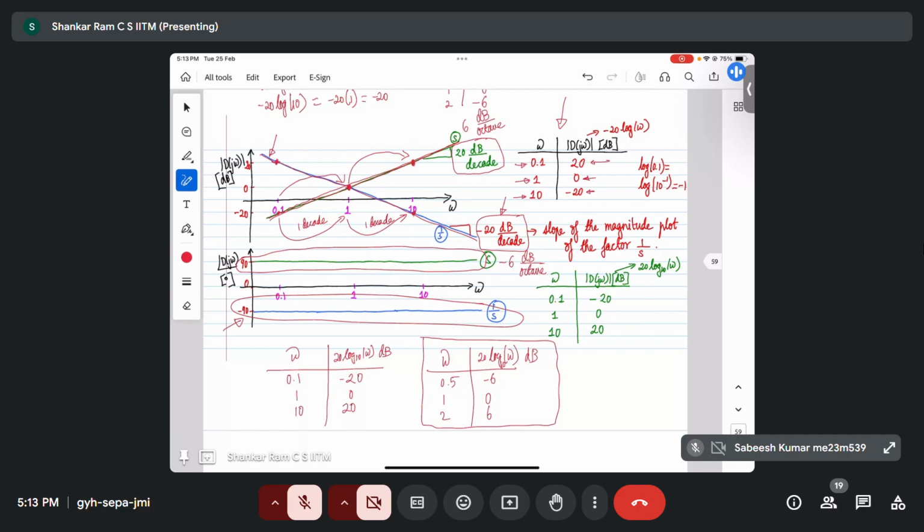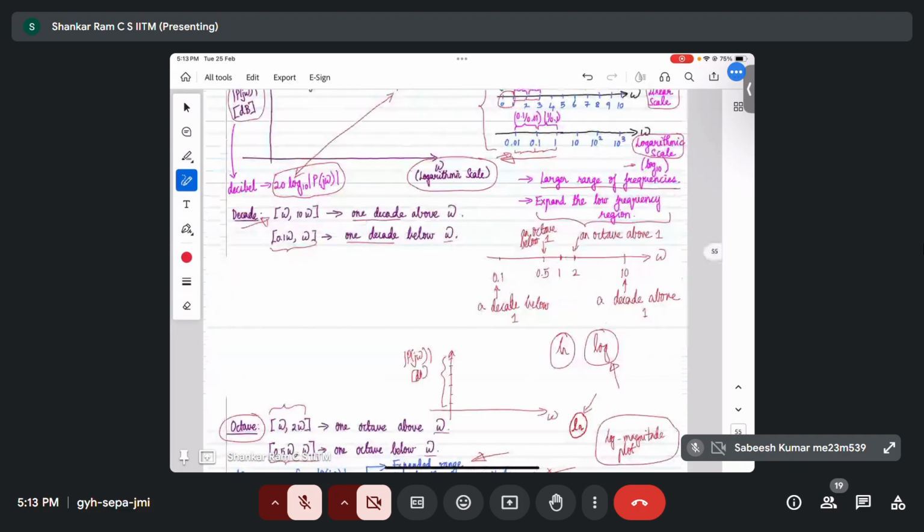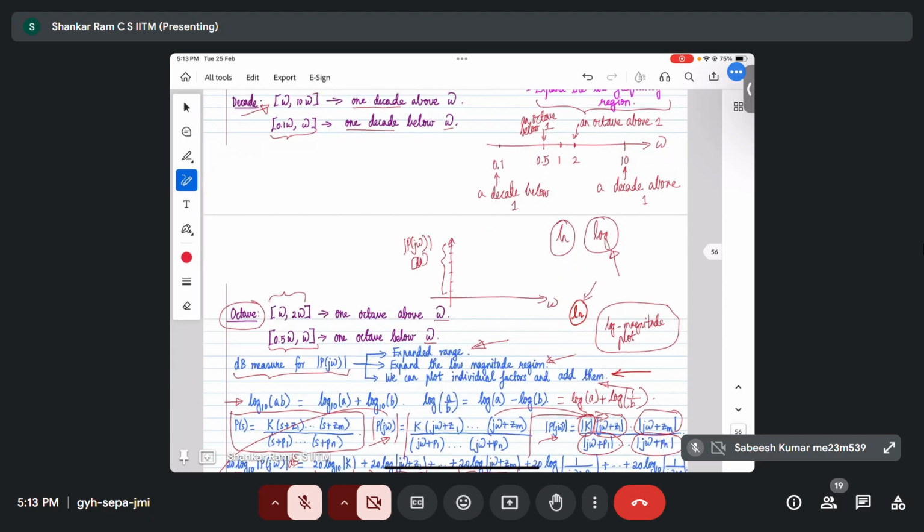What is 1 octave? Let's say you take a frequency omega. An octave is a range from that frequency to twice that frequency. That is the definition of the word octave. Similarly, 1 octave below is 0.5 times that frequency.